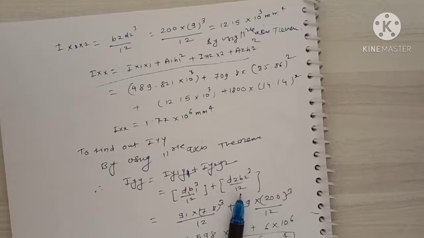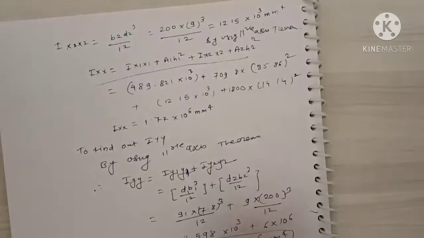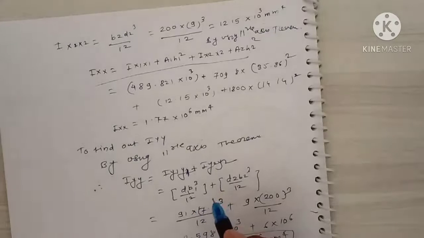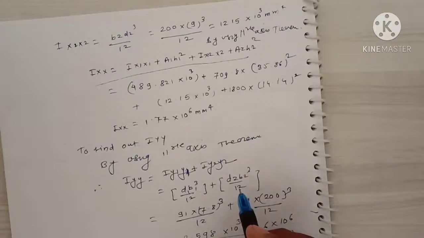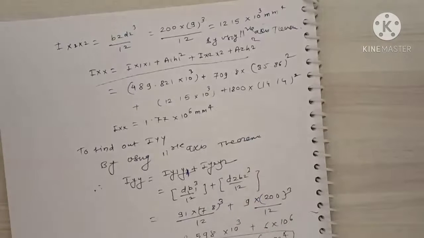There will be no distance because of symmetry about the y-y axis. Then we just apply the formula for Iyy1 plus Iyy2, that is d1 b1 cube upon 12 plus d2 b2 cube upon 12. We put in the values for d1, b1 and d2, b2.